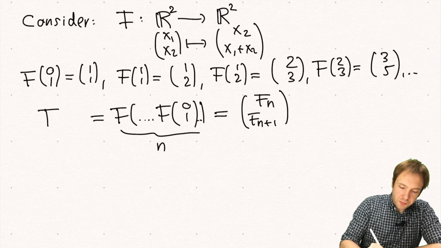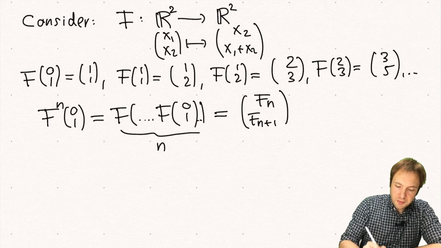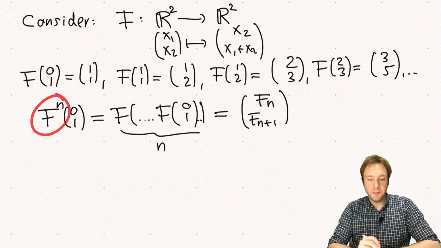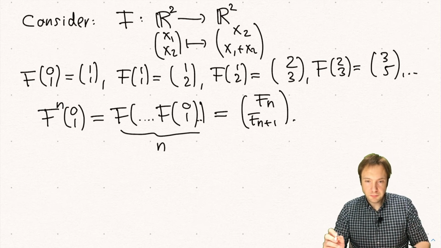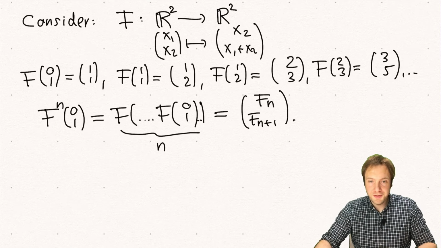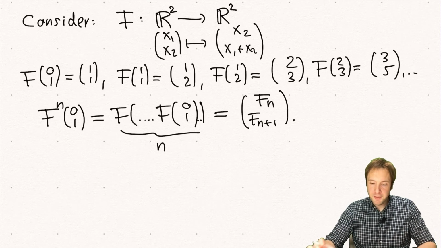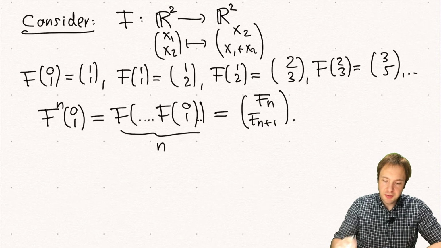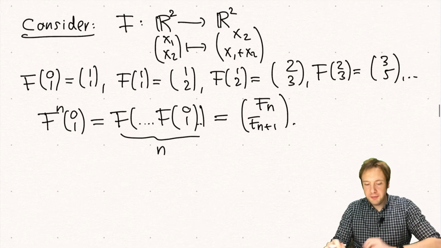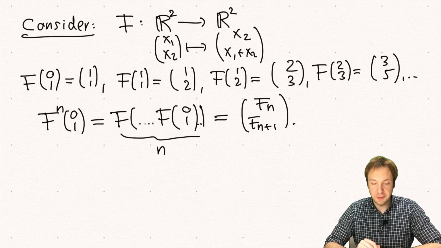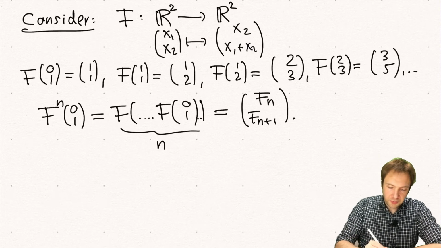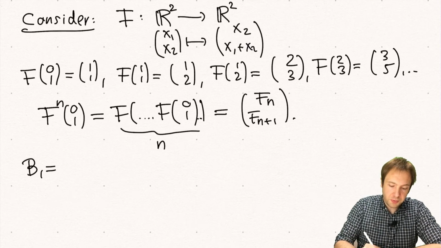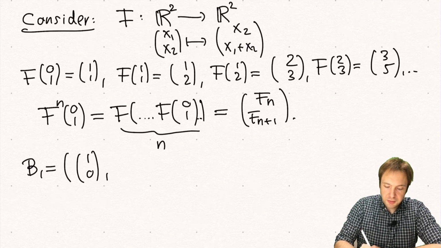So this is also denoted by f to the n. So this is just a notation for applying the linear map f n times. Okay. And now let's choose a basis and write down what is the matrix of this linear map. Well, in linear algebra 1, we usually just consider the standard basis. So let's say the standard basis we denote by B1, which is this one.